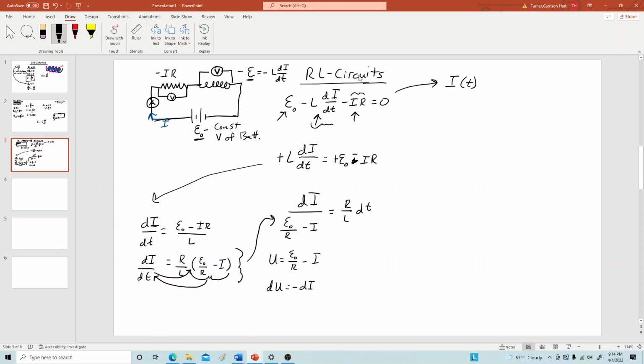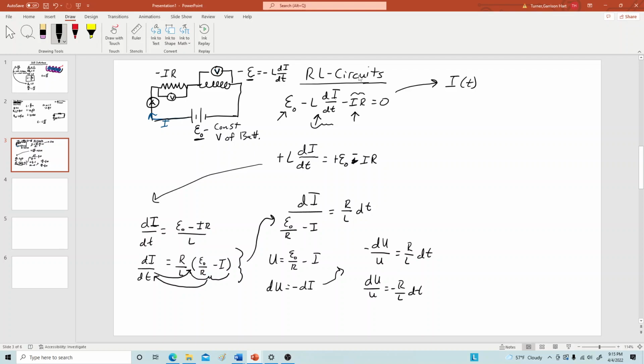So then with this u substitution, I would have negative du over u is equal to R over L dt, and no reason I can't transfer that negative sign over.